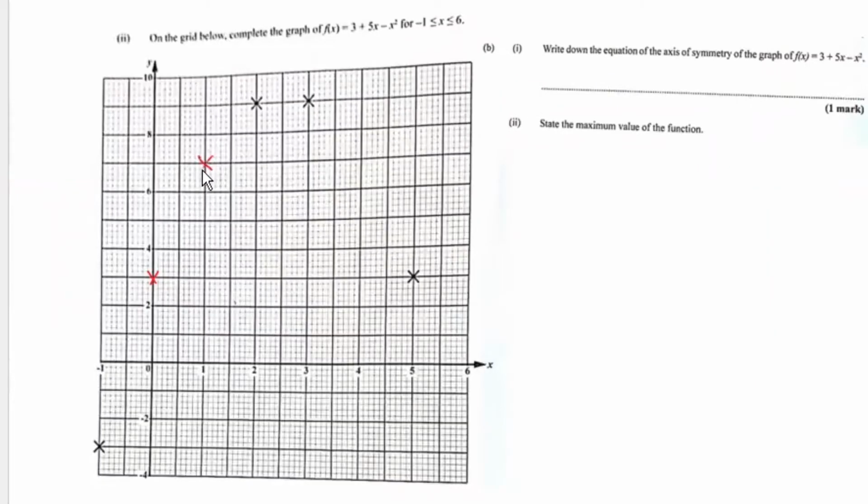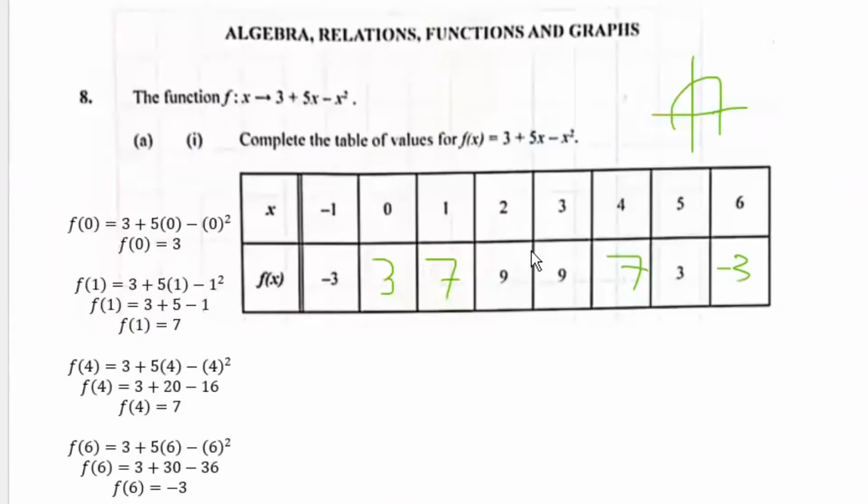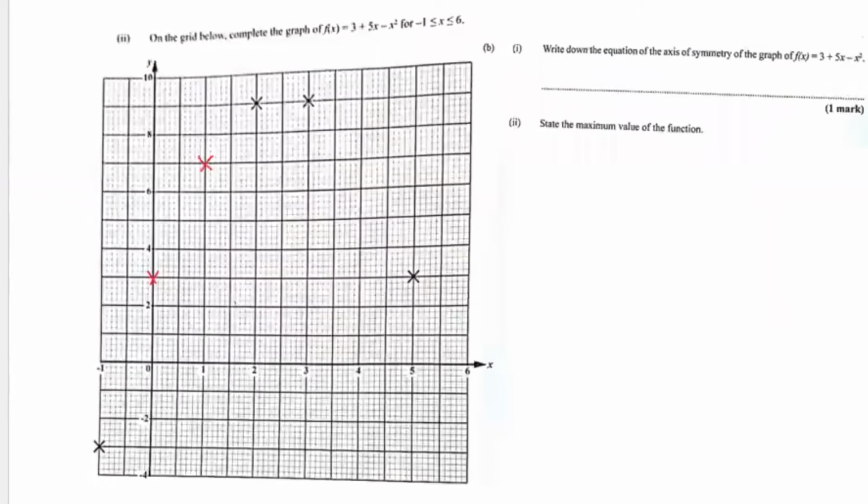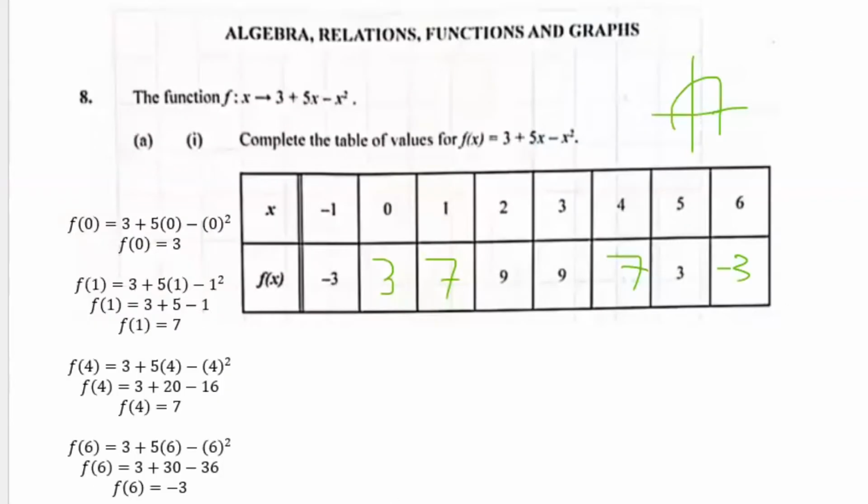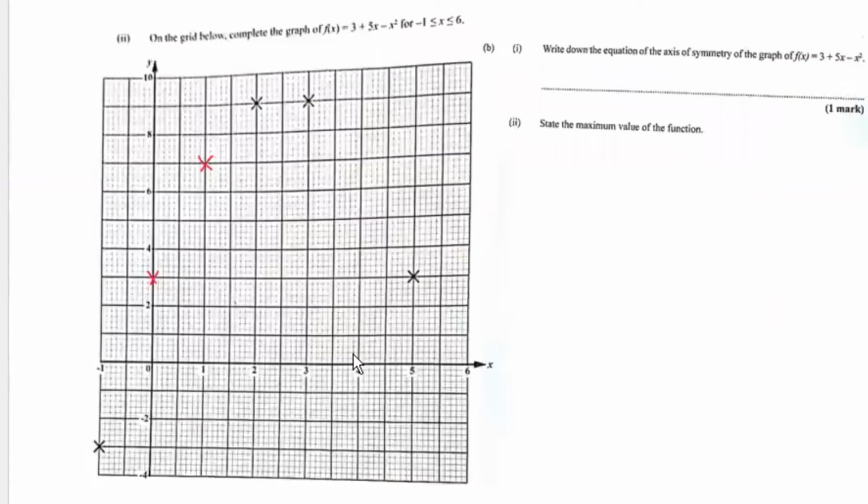So basically, it is the points that we calculated that are missing, because we can see 2, 9 and 3, 9 already. And then the other would be 4, 7. So 4 from our x-axis, 7 from our y-axis.